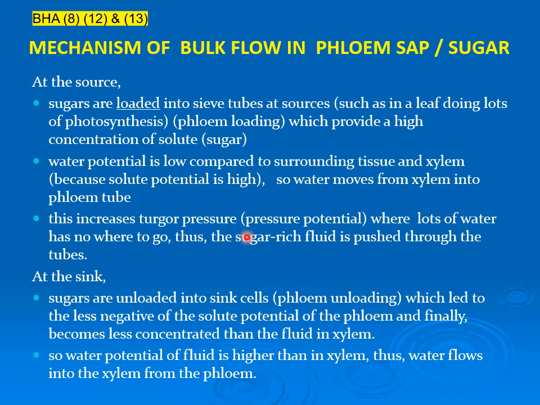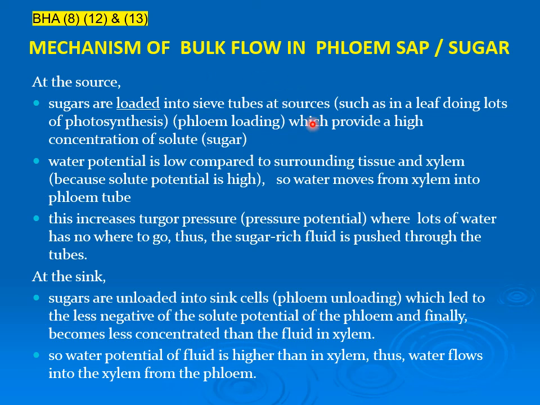So inilah ceritanya. So bila ada dalam soalan keluar, right? For example, talking about how you explain or describe the mechanism of bulk flow or pressure flow in sugar, right? So you have to mention two scenarios. One is what happened at the source, another one what happened at the sink. Okay? So you cerita sugar loaded into sieve tube.